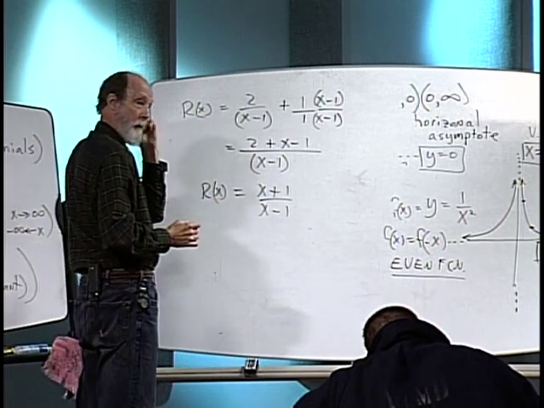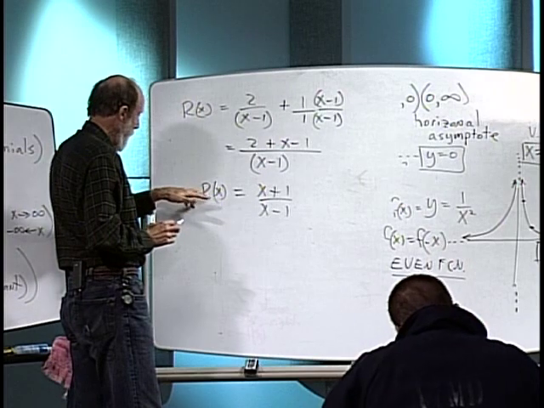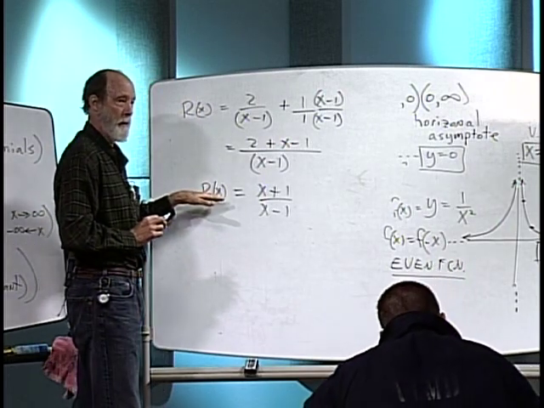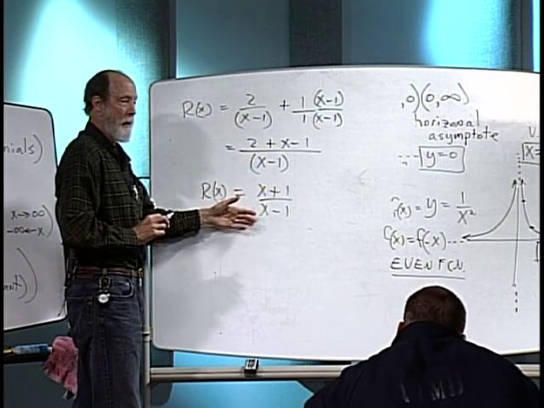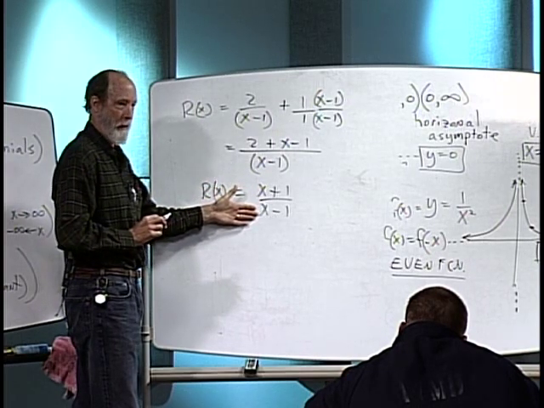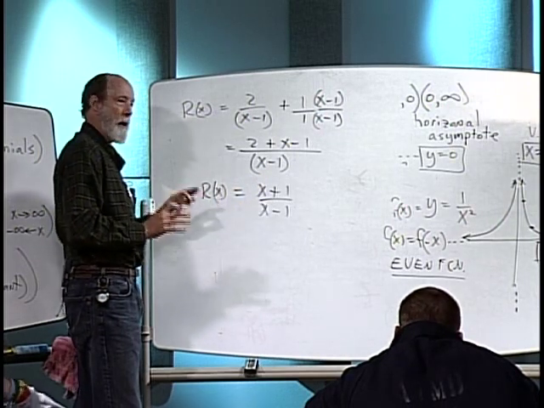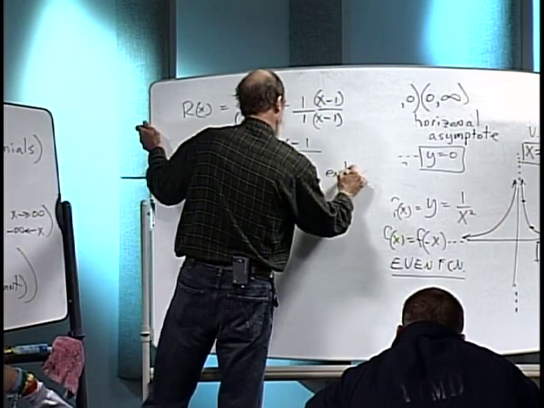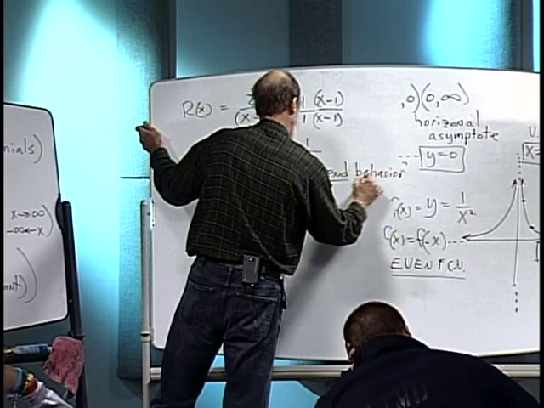Okay. This is the way oftentimes you will see a rational function presented as a single ratio of two polynomials. In this case, we have a linear polynomial divided by a linear polynomial. Notice the end behavior, by looking at this original form.